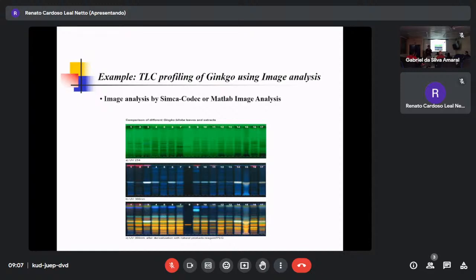How can you decide the character? What's the variable name? What's the outcome? NMR, once more, is chemical shift and intensity, right? And MS, retention time, mass, intensity. TLC, Rf value, but R color, G color, B color.